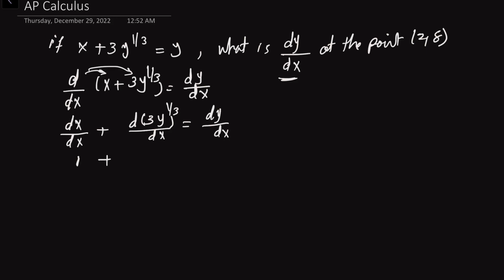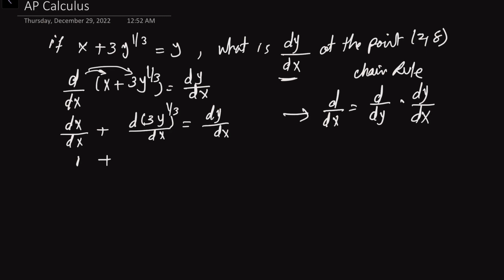We can use the chain rule here. d over dx is equal to d over dy times dy over dx. If these two cancel out, it will be d over dx the same. So we use the chain rule. This is all just a step to simplify the derivative here.